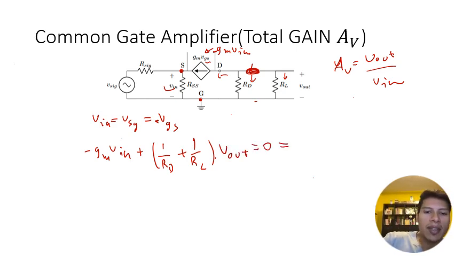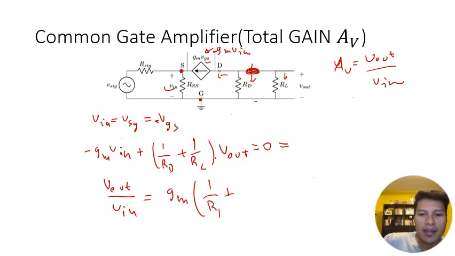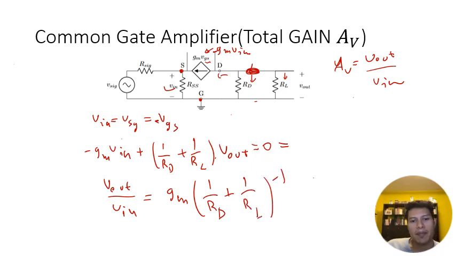And that's just going to give us what our gain is, which is Vout over Vin equals gm times (1 over RD plus 1 over RL) to the negative 1 power. So that's how we derive Av. Note that this would be a lot more complicated if we actually had that ro in parallel, and that's probably why the book doesn't neglect the ro in parallel.